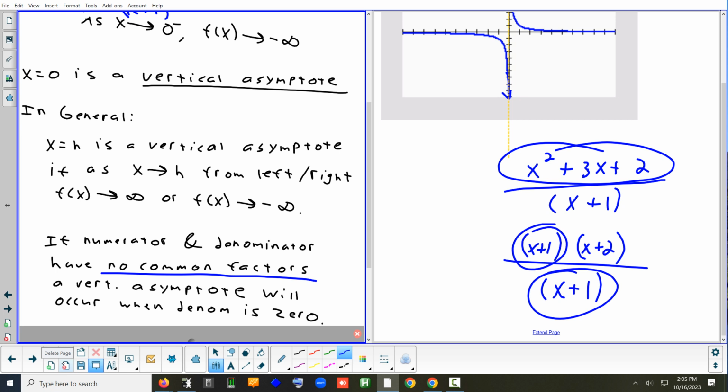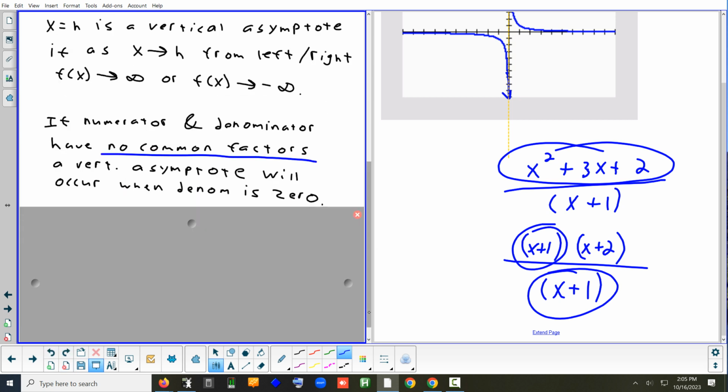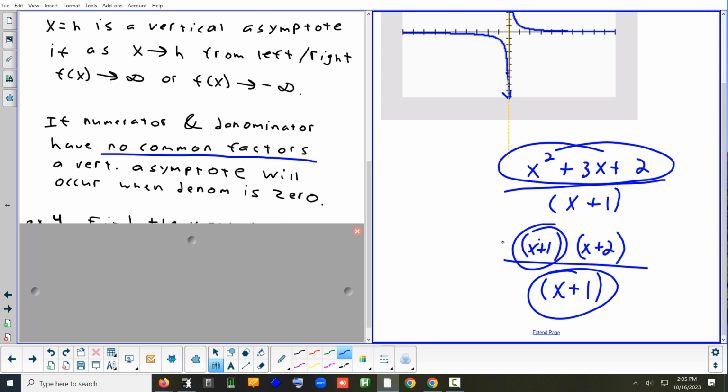You will get a hole in the graph. That's how you find vertical asymptotes. It's the value that makes the denominator 0 as long as you do not have common factors in the top and the bottom.